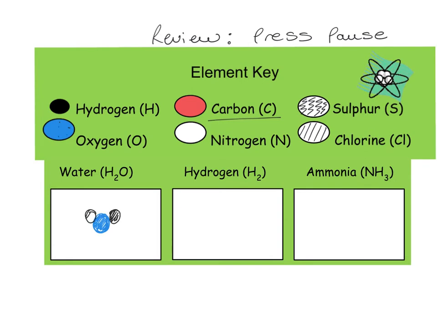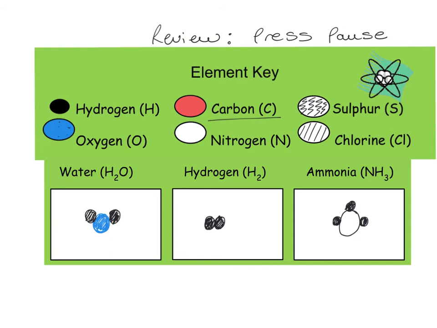Nice and easy. This isn't a hard topic at all, just something we want to get done. Next one's 2 hydrogens, hydrogen bonded to a hydrogen. Then you've got a nitrogen, which is your lone element, and then the hydrogens, 1, 2, 3. Obviously, you must have drawn them better than me, but that's exactly what you've got to do.